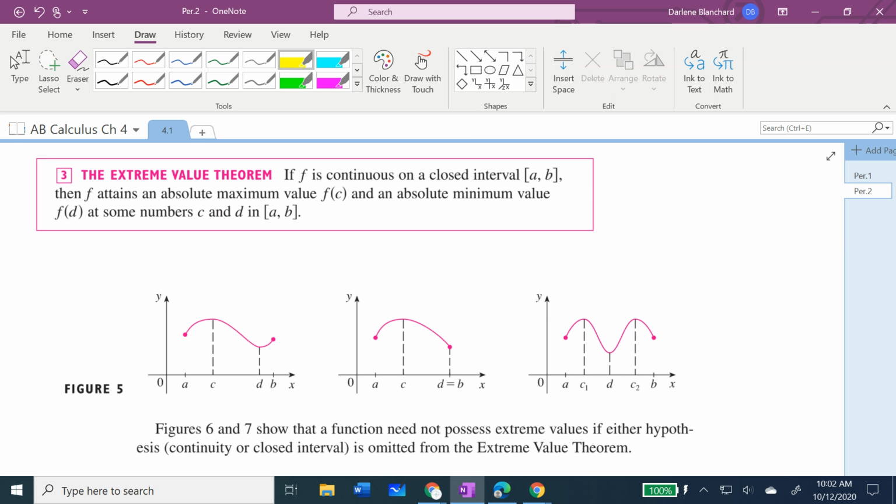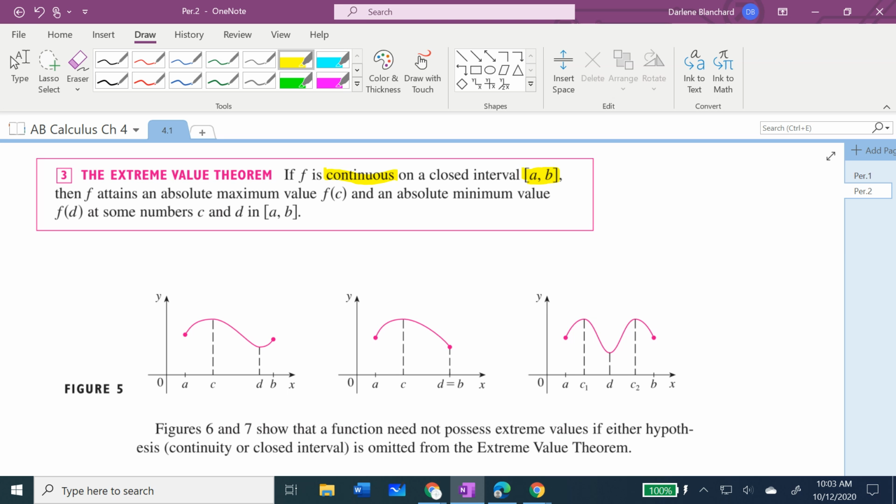So let me emphasize, you have to be continuous on a closed interval, including those endpoints. If that is your situation, you are guaranteed that you will have an absolute maximum and you will have an absolute minimum. It doesn't say where they are, it just says they exist.